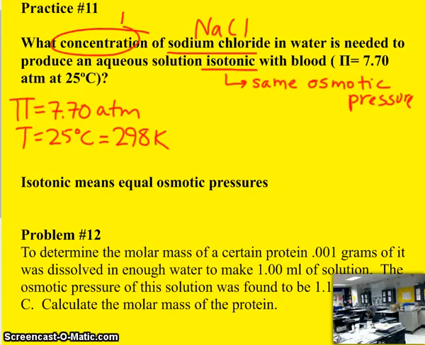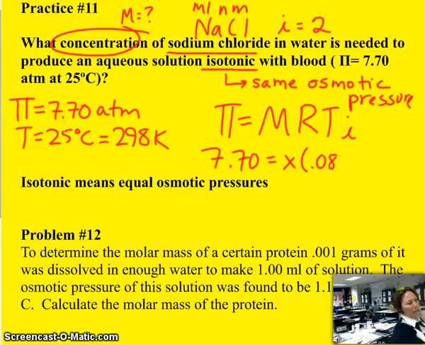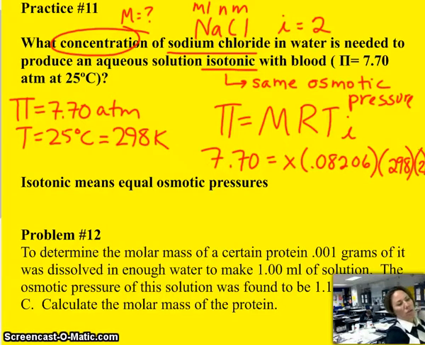Remember, concentration is molarity, and sodium chloride is a metal and a nonmetal, so it's ionic. The i equals 2. So if we plug into our osmotic pressure formula and we solve for our molarity, we have 7.70 equals x times that constant, 0.08206, times our temperature, which is 298, times our i, which is 2.